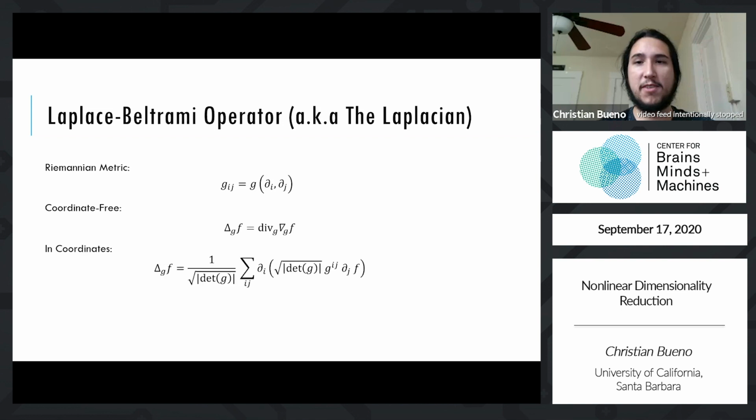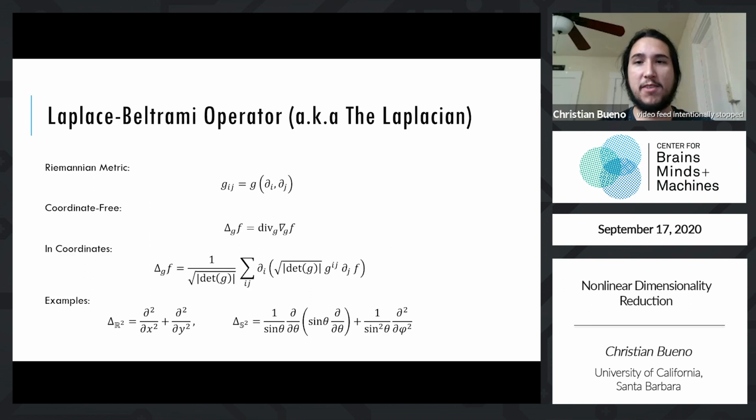If you want to use coordinates, like a local coordinate system, it ends up looking like this. Some examples would be the standard one, where it's just the sum of the second derivatives. But on a sphere, the Laplacian is different. You have all these other interactions, or at least it looks different when you write it in coordinates. The coordinate-free way is the same for every manifold.